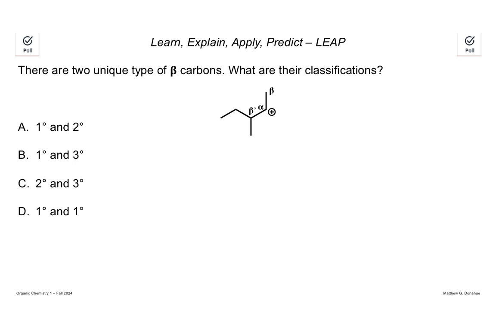So in terms of their class, again, this can also help you figure out where to go. This is primary. This one is tertiary. So that answer would be B. And that's going to help you determine how the rearrangement happens if it's going to happen.